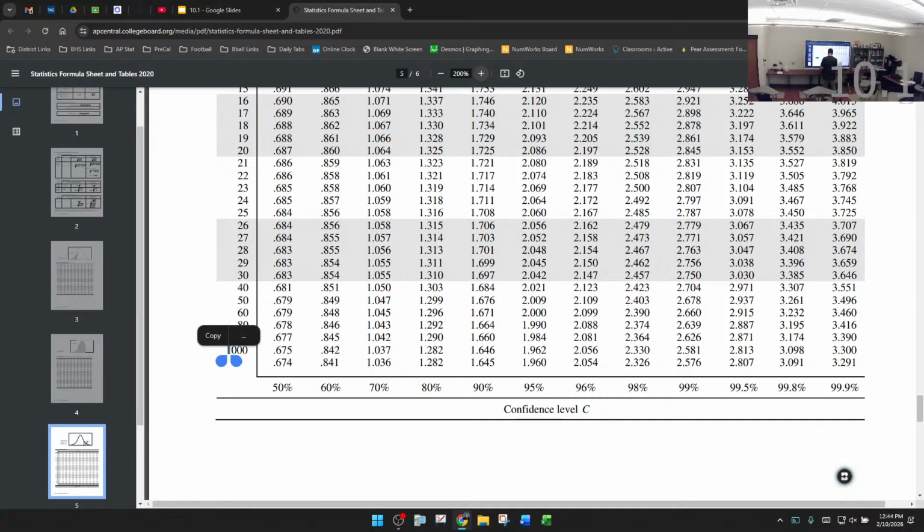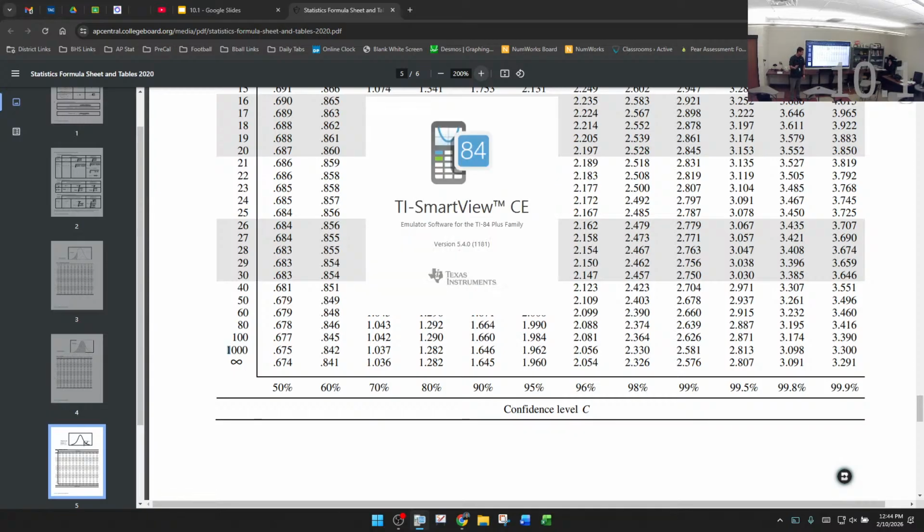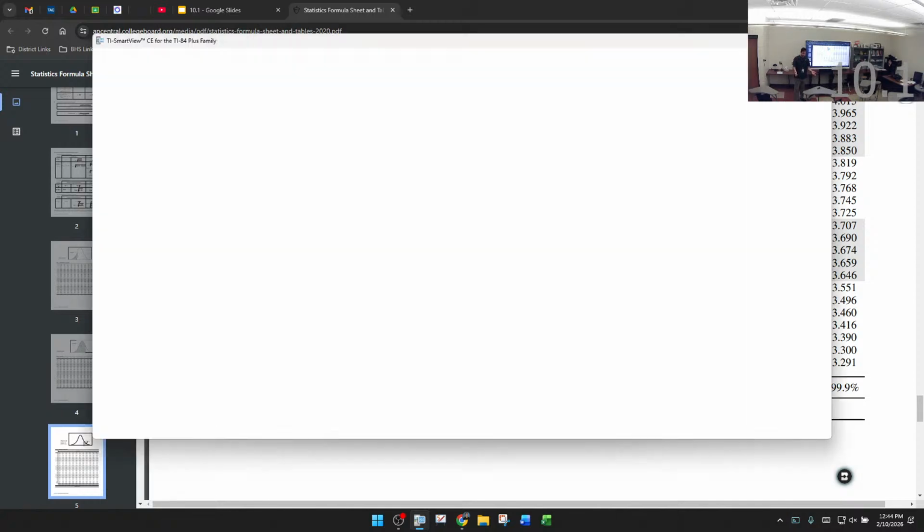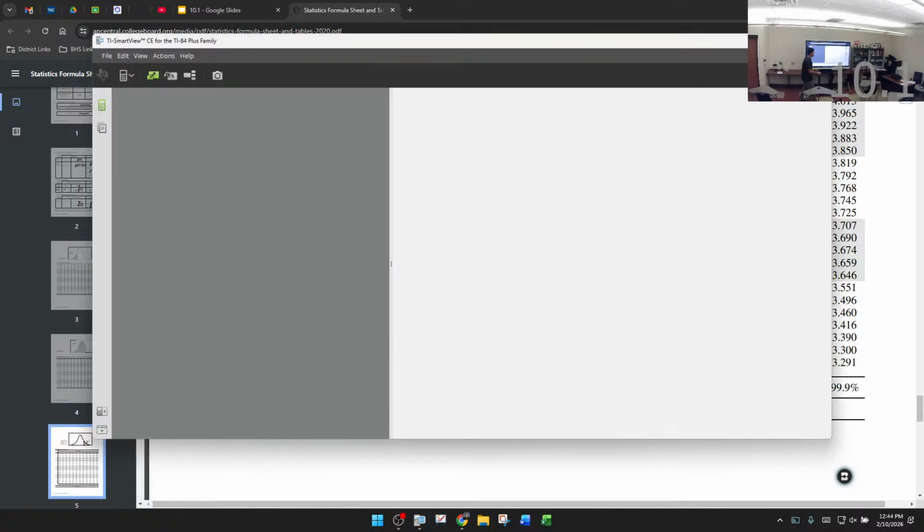Calculator. Be careful if you're going to use your calculator. You might turn it on before you come to class.